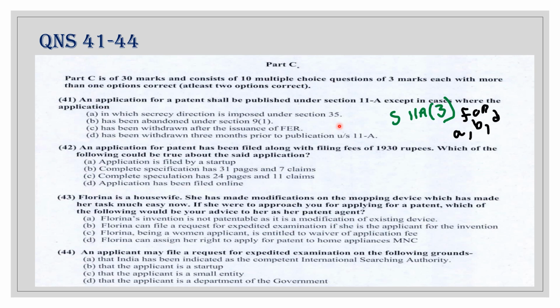Okay, and here option A is in which secrecy direction is imposed under section 35.